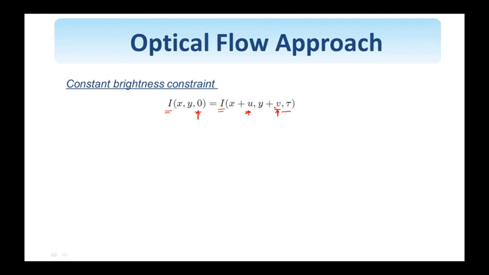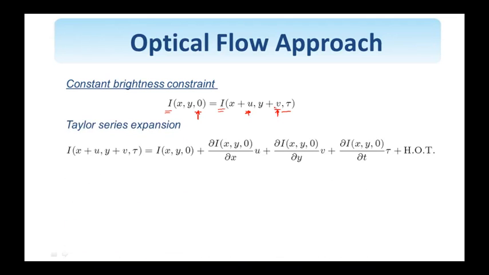So the steps I take are to expand the intensity at the current frame around the point (x, y) in the reference frame. And here I show the Taylor series expansion using only the first order terms, while omitting the higher order terms.